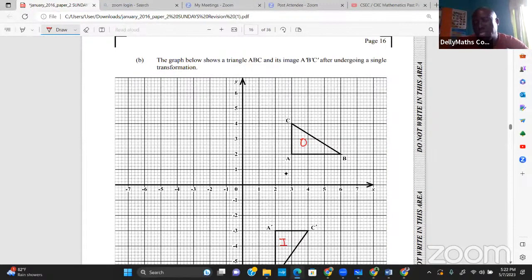What I'm seeing is it's a 90-degree rotation, because it's coming from one quadrant to the quadrant next door. Only a 90-degree turn can do that, or 270 going in the other direction. But we don't talk about 270 too much, so I'll use 90. So I'm seeing 90 degrees clockwise, because it's moving like the hand of a clock.